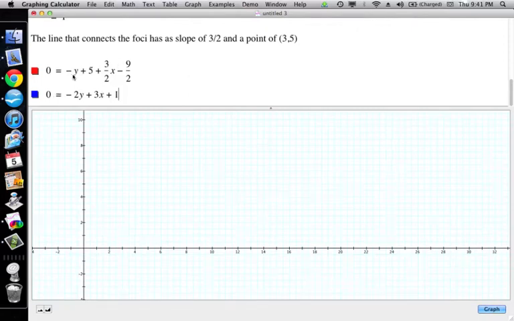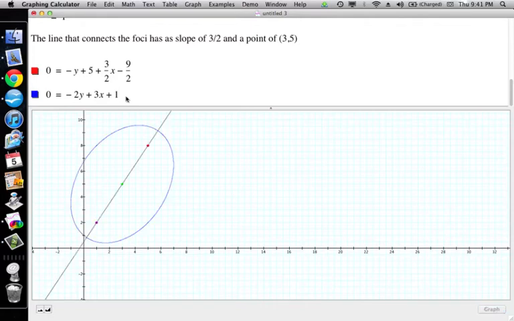So I multiplied everything by 2, and so I've got 10 minus 9, and so I've got minus 2y. That's what I want you to look at, and there I've got the same line.